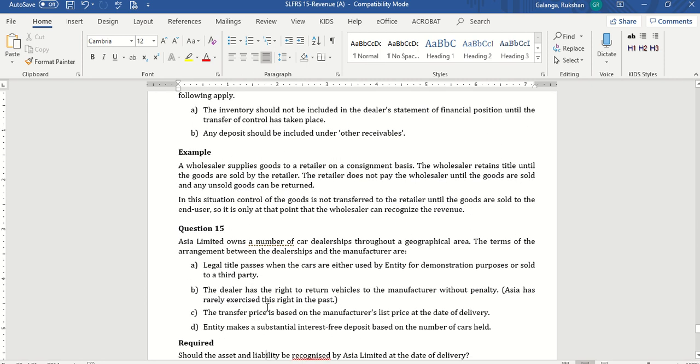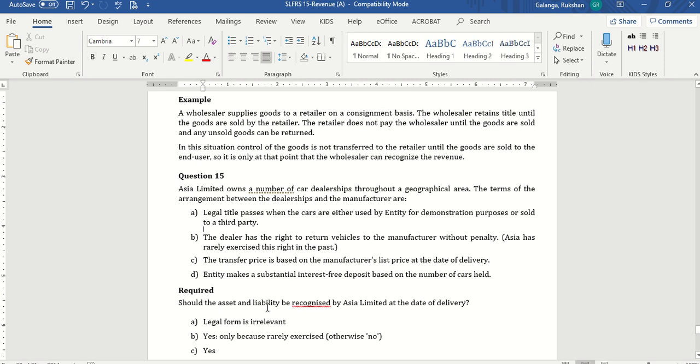Okay. Question number 15. Asia Limited owns a number of car dealerships throughout a geographical area. The terms of the arrangement between the dealership and the manufacturer are: legal title passes when the cars are either used by the entity for demonstration purposes or sold to a third party.